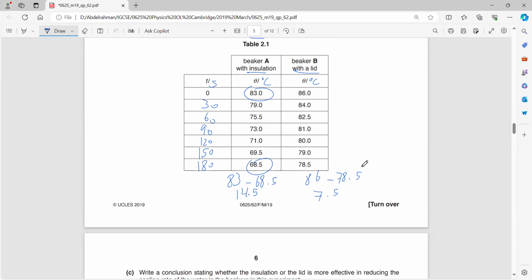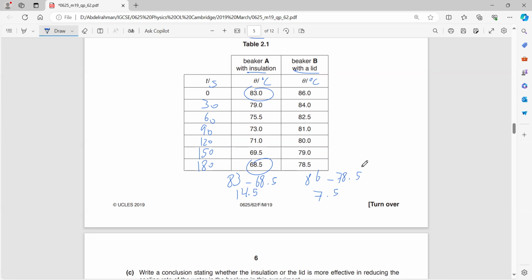As the temperature decreases, what happens to the rate of cooling? The rate of cooling also decreases. Or, in other words, if you have a higher initial temperature, then you will have a much higher rate of cooling.